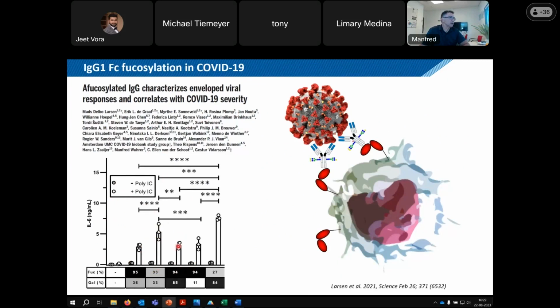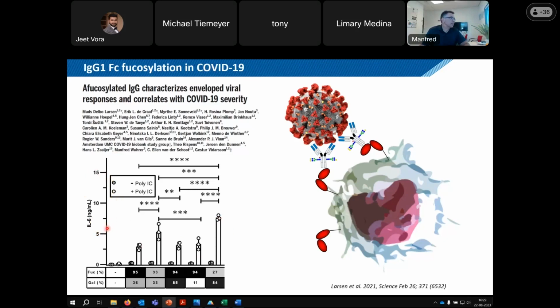We see that the low fucose variants, which are here and here, are the ones most potent in activating immune cells and in inducing inflammatory cytokines like IL-6. So the in vitro assays substantiate the idea that this low fucosylation may contribute to inflammation in the COVID setting.